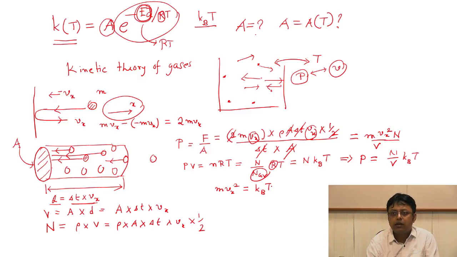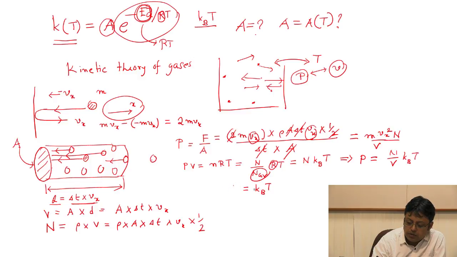Now you see this pressure, the way we have written it, is getting contributed by only the x component of the velocity, which is not very correct because the molecules are moving in all possible directions. So what we could write actually at this point is how this pressure is connected to the velocity.